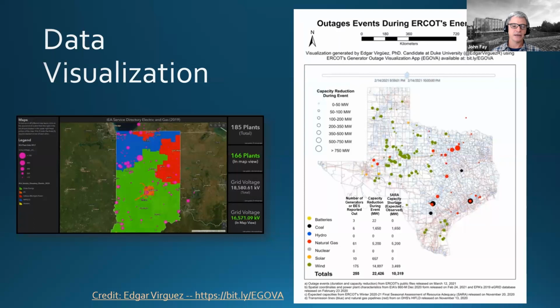And what you're seeing here are the outage events across the state of Texas, shown by magnitude. I think that's the capacity reduction here in megawatts. Also, the color is the source of energy. And then it's just going through time. So it gives you a really cool visualization of patterns in power outages according to power types across Texas.